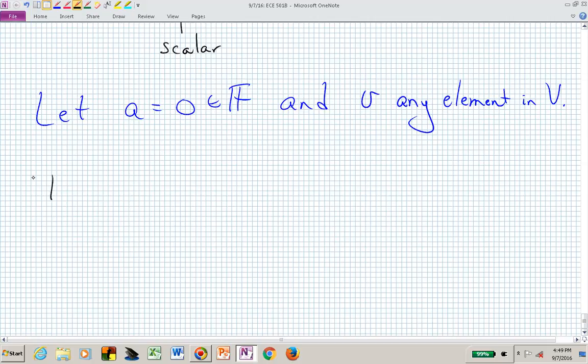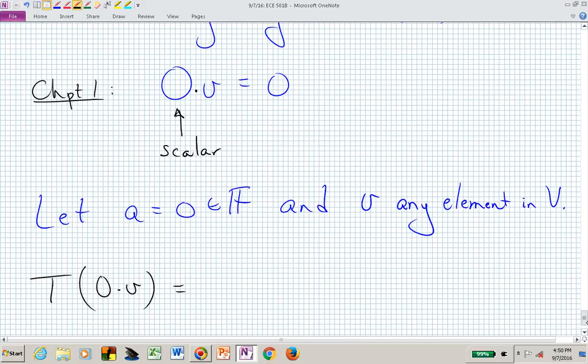Let me just create this string of relationships. Suppose that I now say I want to take a map T and apply it to A times V, where A is 0. What do I know happens internal to the argument, or to that vector, from this proposition?